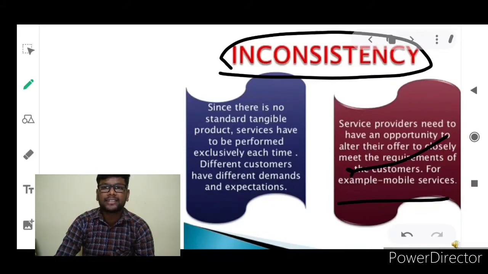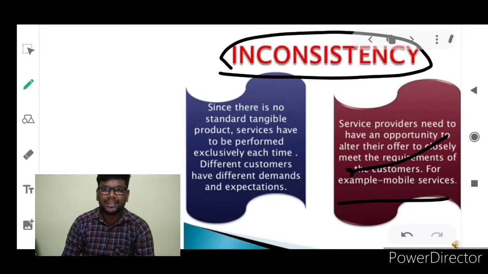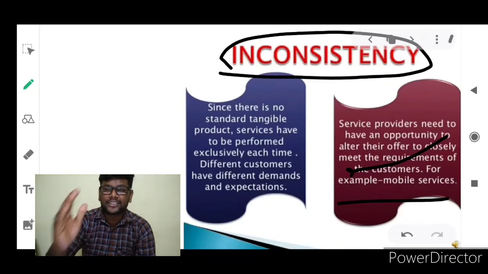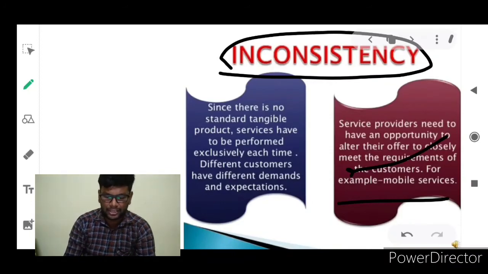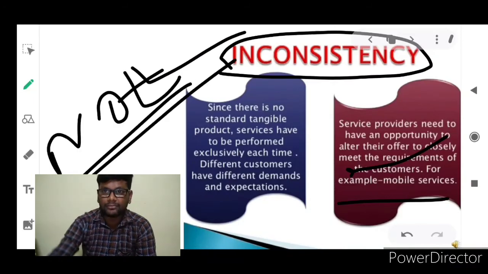Then only they can sustain in the market, isn't it? So they have to stay close to the customer, and they have to satisfy the customer as a service provider. So it is inconsistent. Okay. Good.